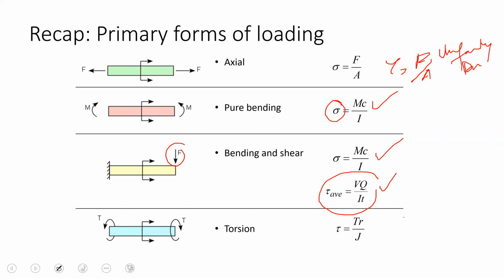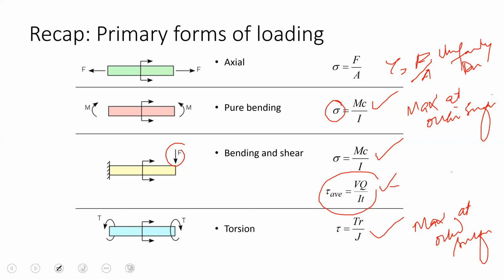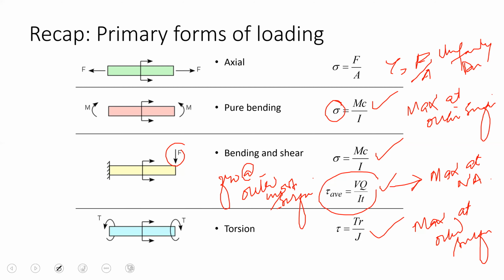Pure bending and pure torsion will be maximum at the outer surface, and the transverse shear will be maximum at the neutral axis and 0 at the outermost surface. This is what we have already seen, right? So this is all about the stresses.